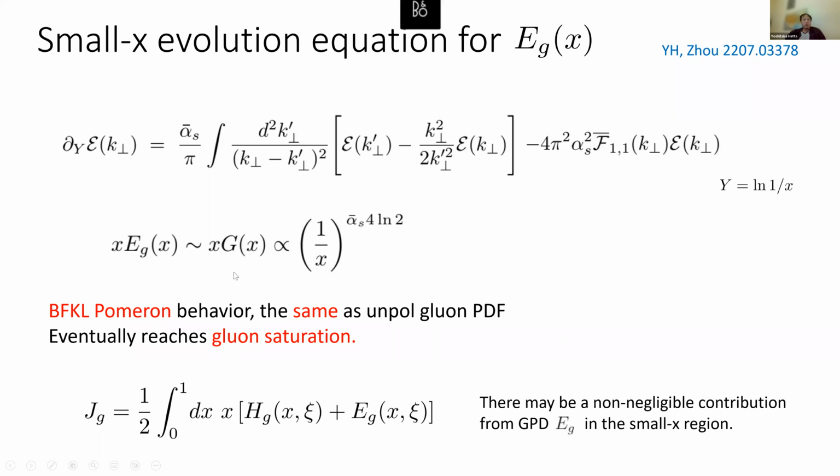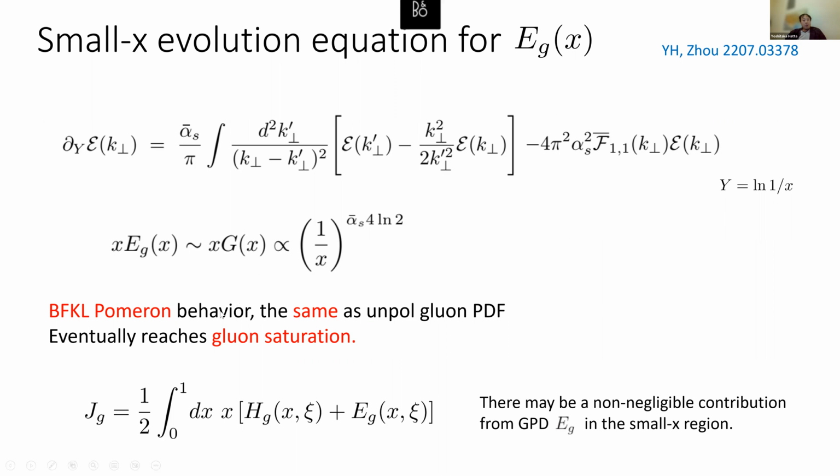It's proportional to the unpolarized gluon PDF. You can also see there's a nonlinear term from gluon saturation. If you take that into account, you can show that this GPD E gets saturated if you go to the small x region in the same way as the unpolarized gluon PDF.